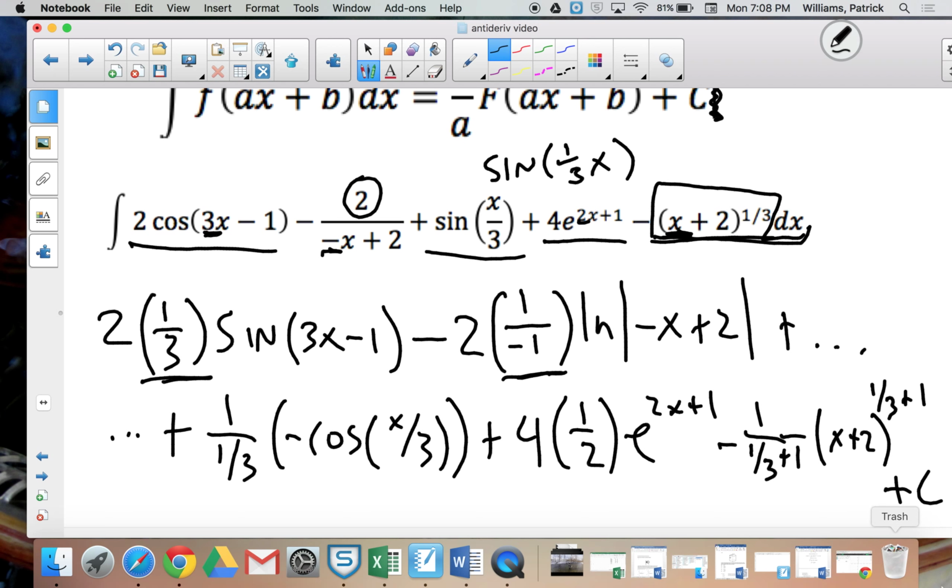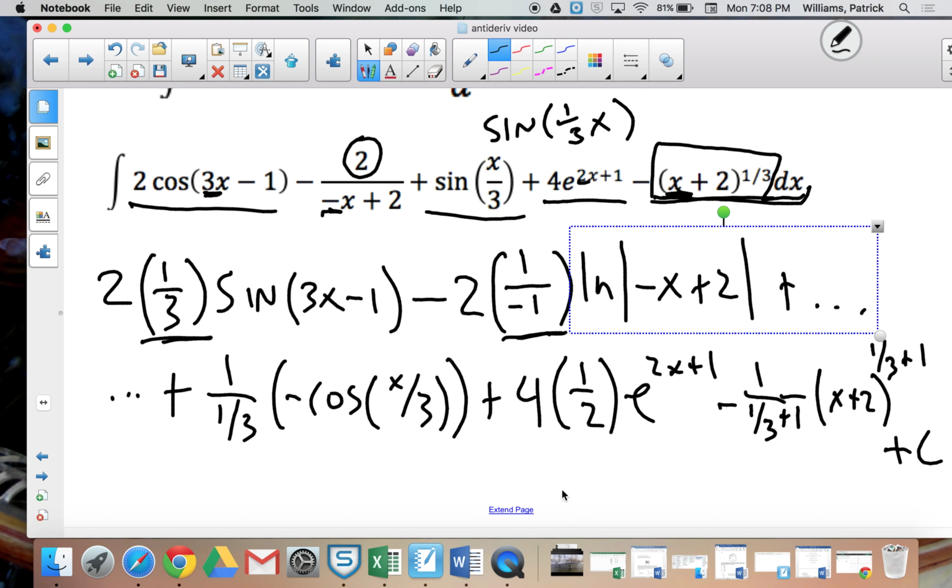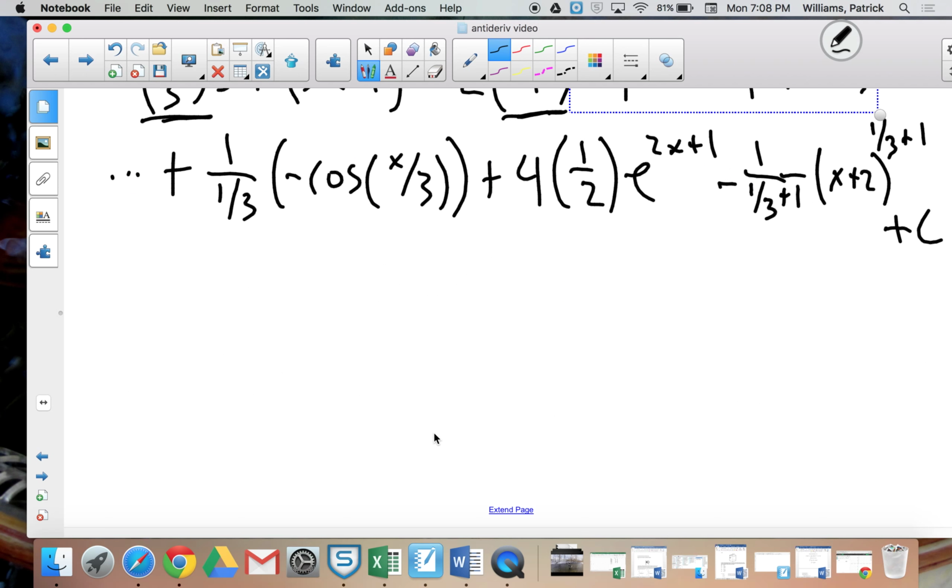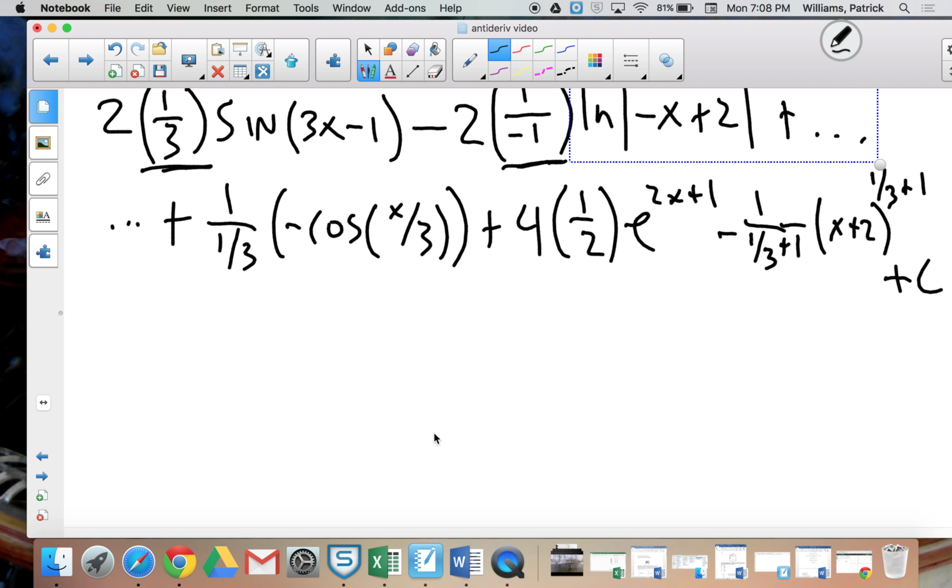All right? So if we then go through the final simplification of this, your final answer to this should have been 2/3 sine of 3x minus 1. This will be plus 2 natural log. That's a bad natural log. There we go.